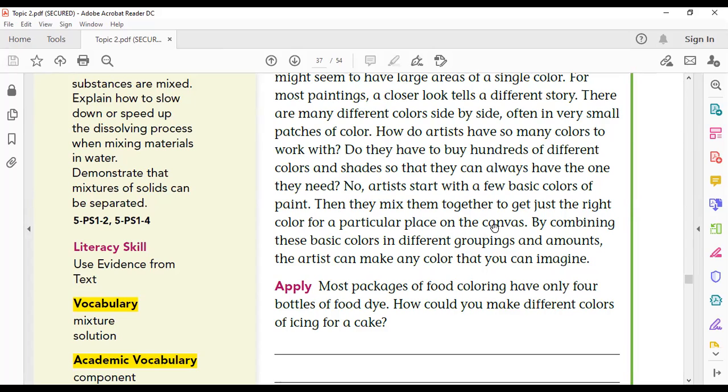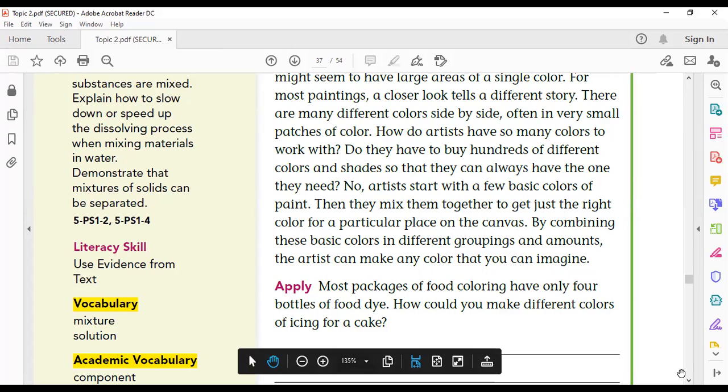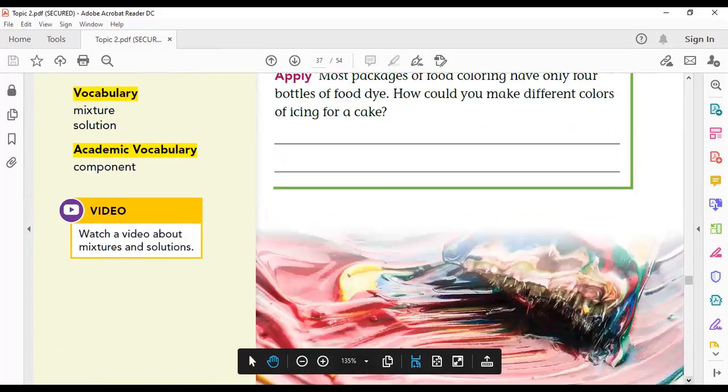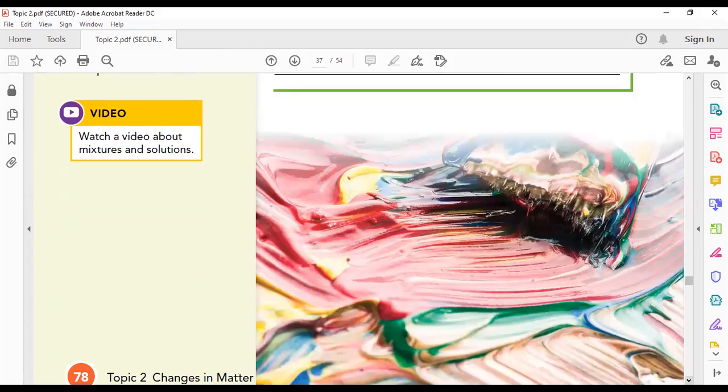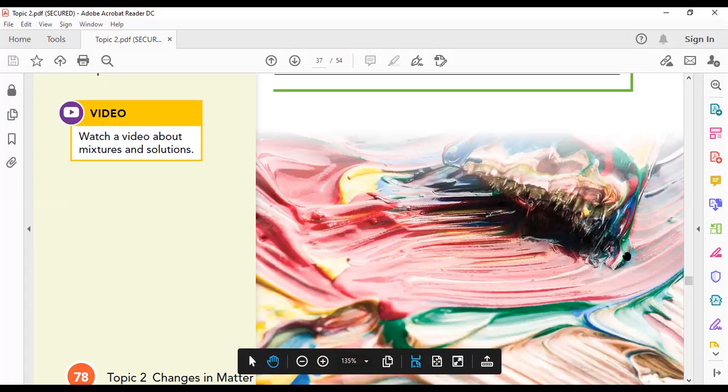So, to make a beautiful painting like this, you don't need to buy hundreds of colors. You just need to buy a few basic colors, then you mix them to have a painting like this.